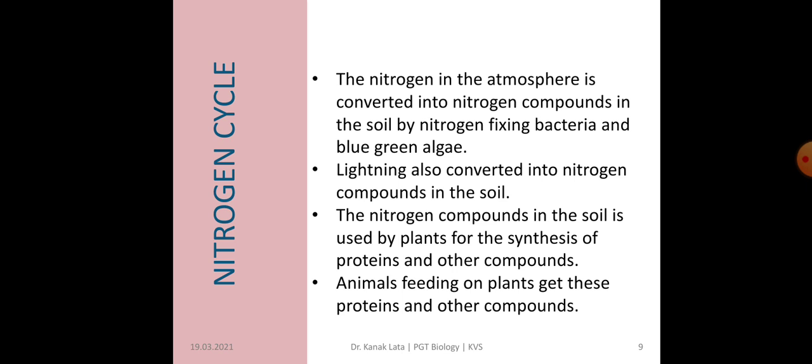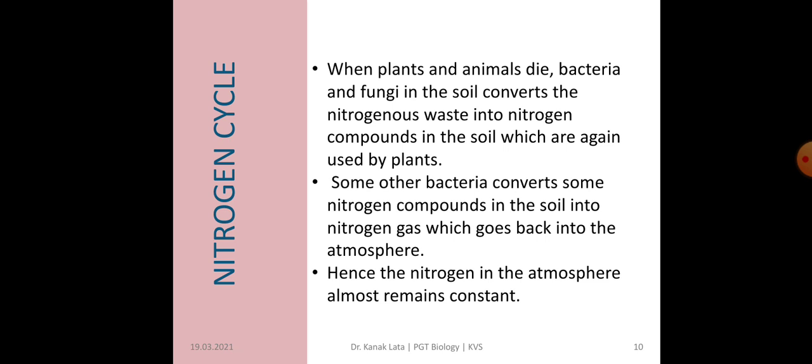Nitrogen compounds in the soil are used by plants for synthesis of plant proteins and other compounds, and when animals feed on plants, these animals convert plant protein into animal protein and other nitrogenous compounds. When plants and animals die, bacteria and fungi present in the soil convert the nitrogenous waste into nitrogen compounds in the soil, so again it can be utilized by the plants.